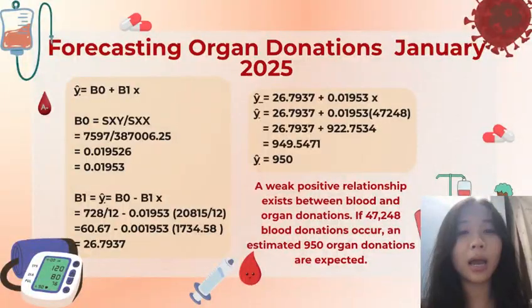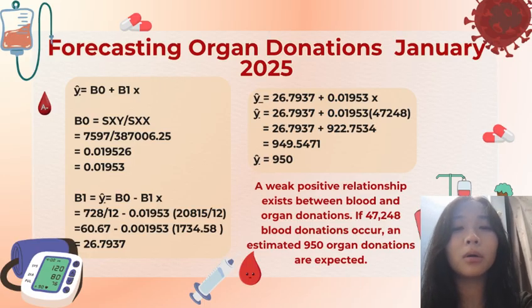I'm going to explain how we forecast the expected number of organ donations in January 2025 using linear regression based on the number of blood donations. We use the regression formula y equals b0 plus b1x, where y is the predicted organ donation and x is the number of blood donations. b1 is the slope and b0 is the intercept.